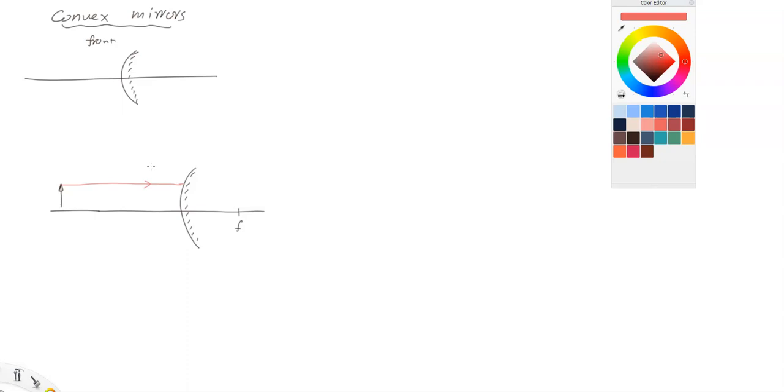It tries to focus light into a single place. Over here, light tries to go away from each other, such that it appears like it reflects like this, but it appears like coming from this point. That's how we figure out the direction of this reflection. It reflects outwards in a diverging way, appearing like coming from this inside focal point.